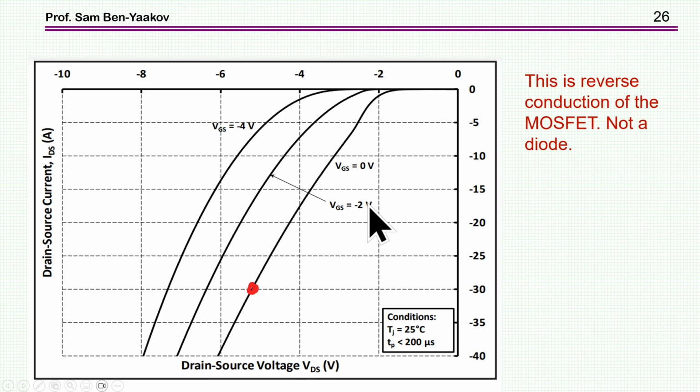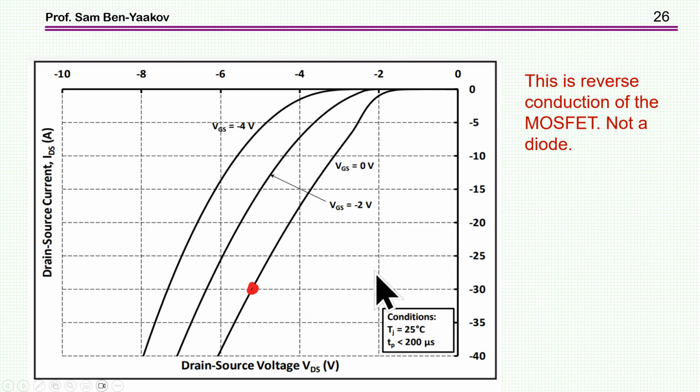As it turns out, the voltage drop, which is this one, is a function of the gate to source voltage. We have a gate to source voltage of 0 volts. The current is 30 amp, and indeed, in the datasheet, they are showing 5 volt here. This is what we are getting. But this is not a voltage drop on a diode. This is a reverse conduction of a MOSFET.